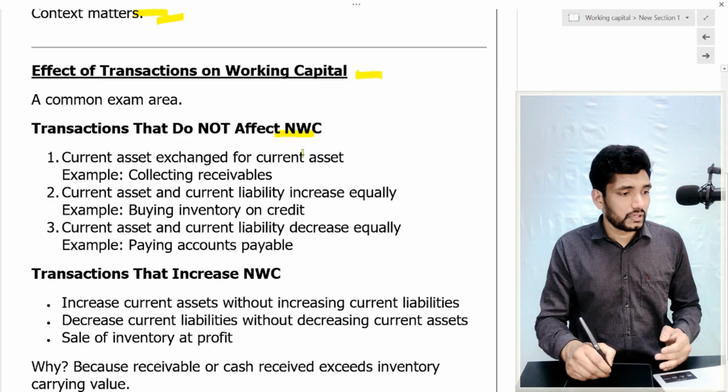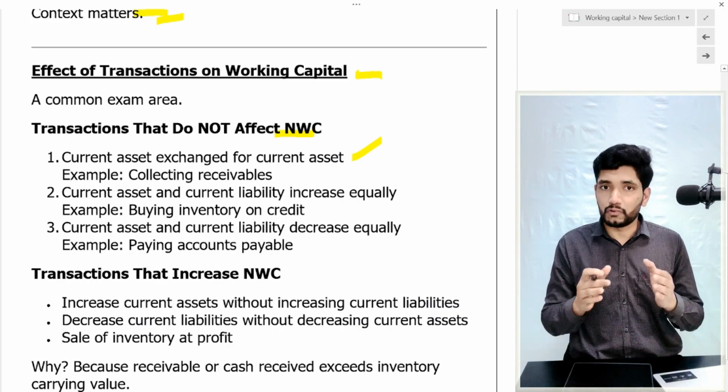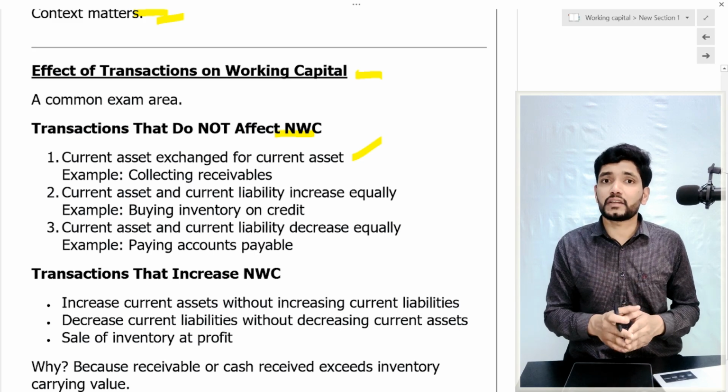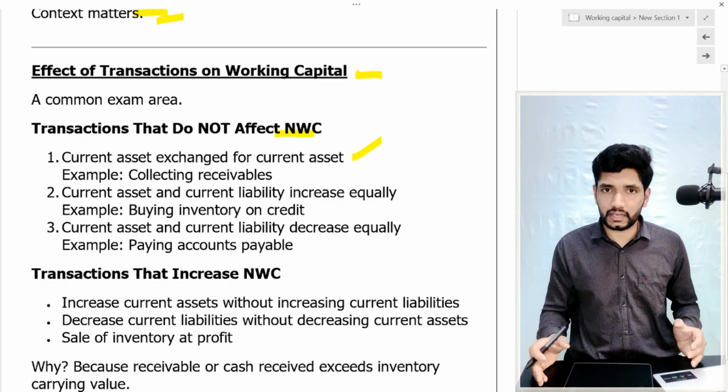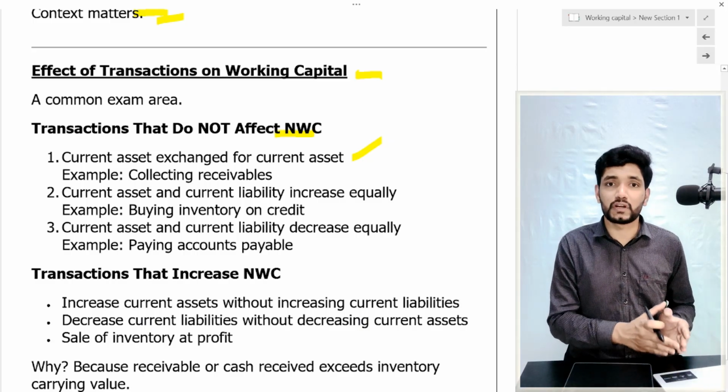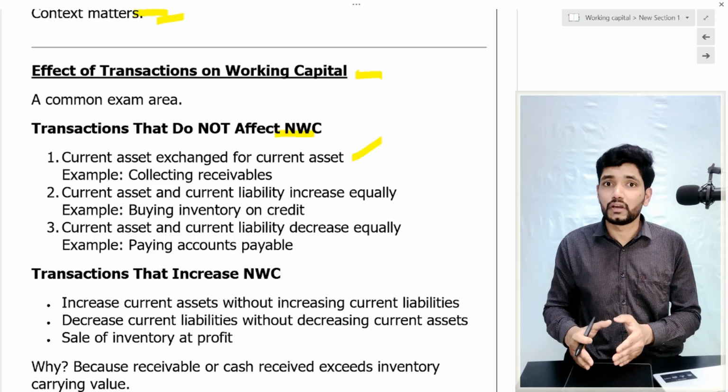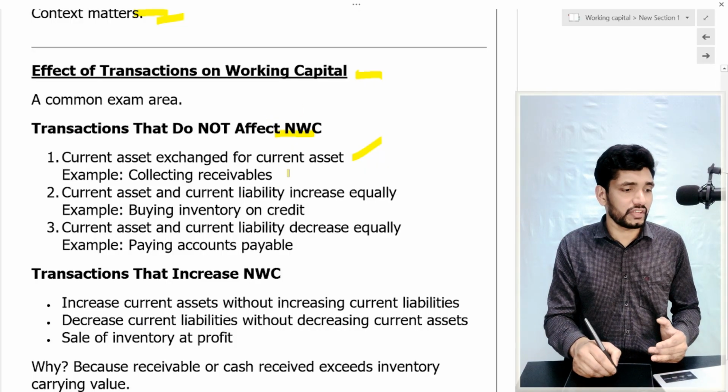Suppose one current asset is exchanged for another current asset. Suppose a receivable is collected. This is one current asset exchanged for another. That means from the receivable, we are changing the current asset to cash, so our cash is increased.